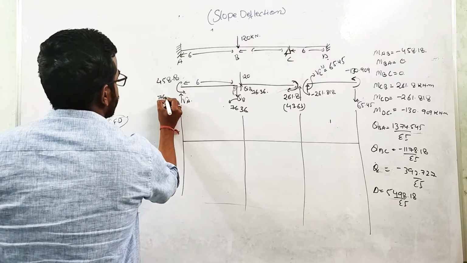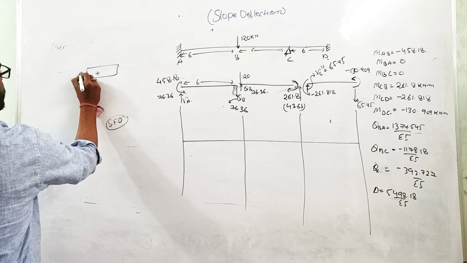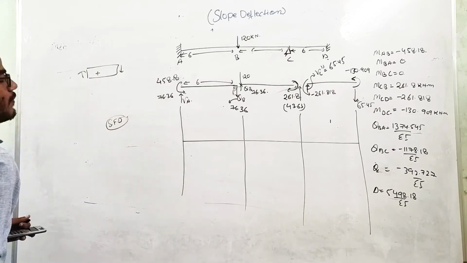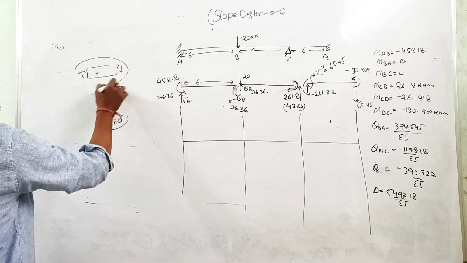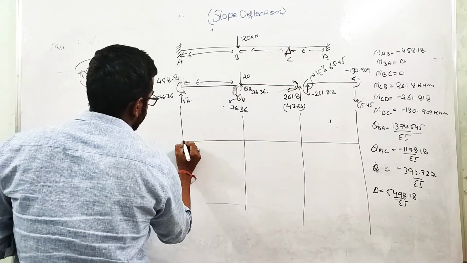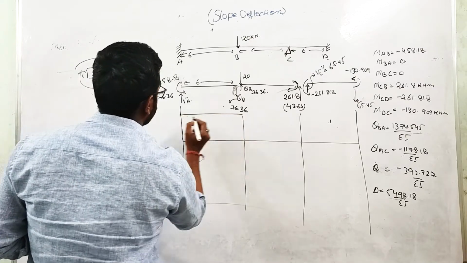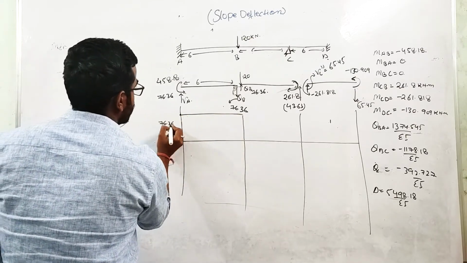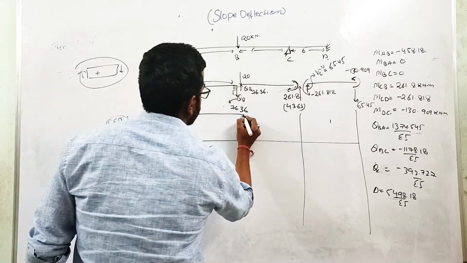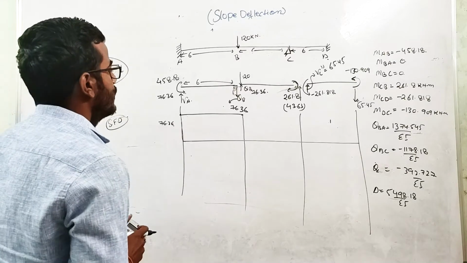You know that shear force is positive like this. So the shear force diagram will start from here. This value is 76.36, and this is positive shear.